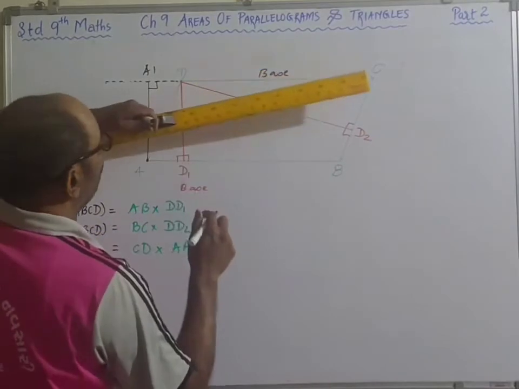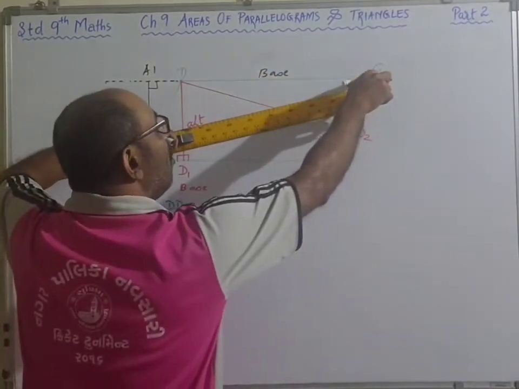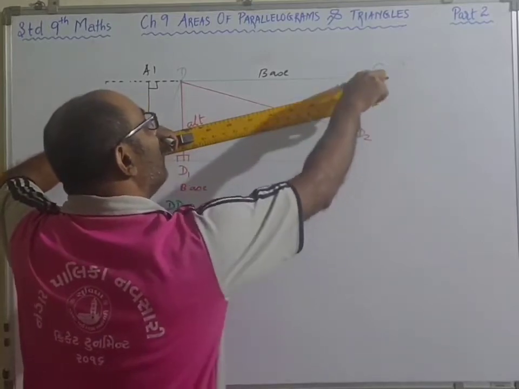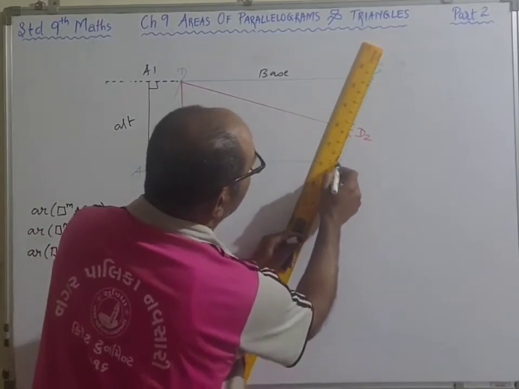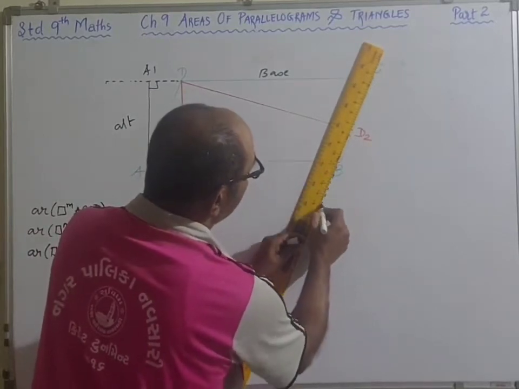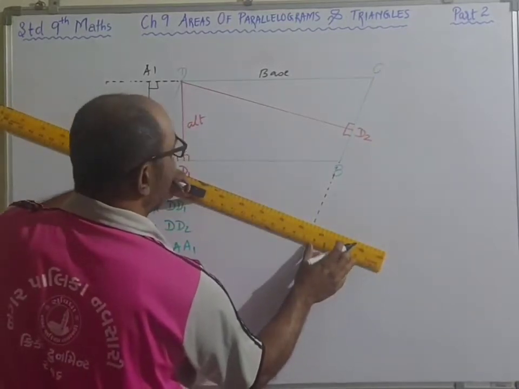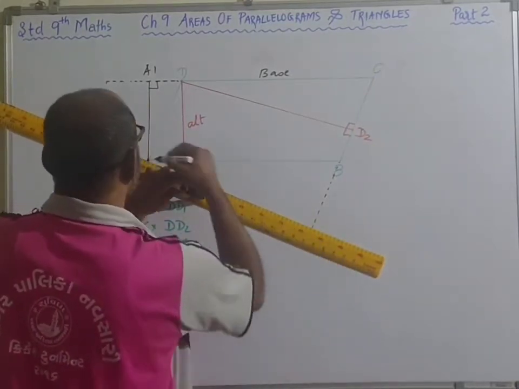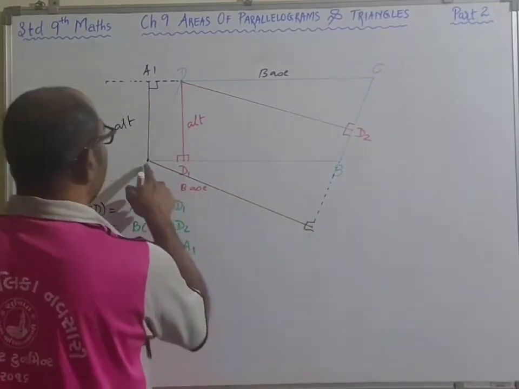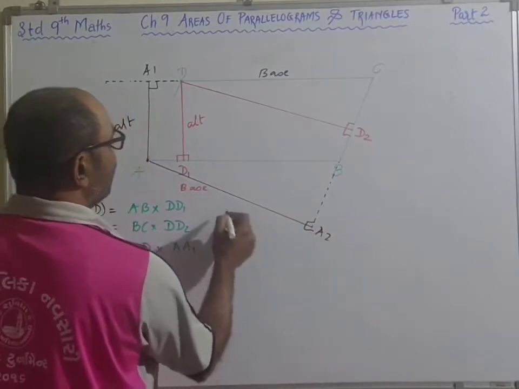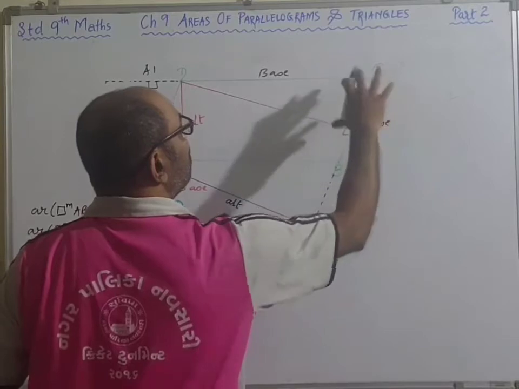Now you cannot draw perpendicular to BC with the foot of perpendicular on line segment BC. So you have to extend BC. This is line BC, and now you can draw perpendicular to BC. This is perpendicular. I call it AA2.